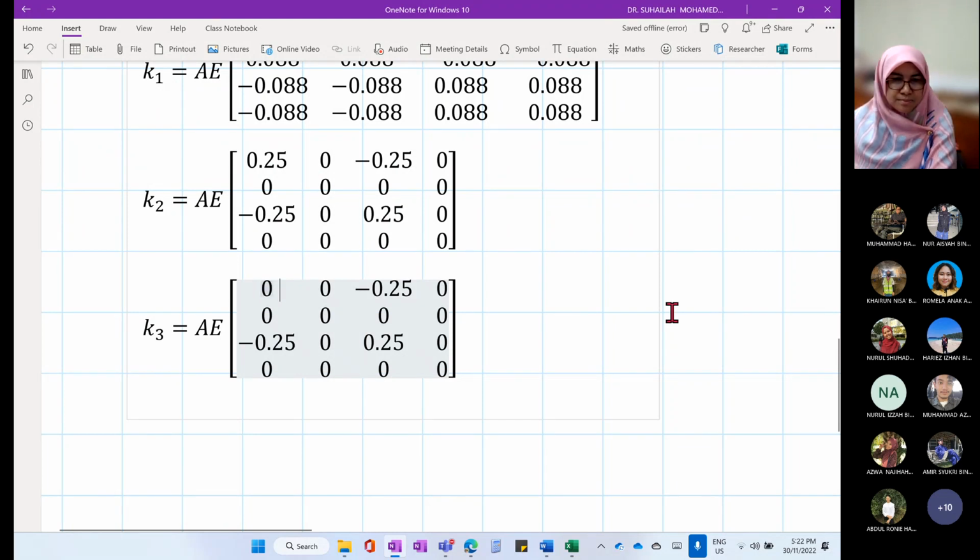CX CY divided by 5, 0.8 times 0.6 divided by 5 is 0.096.